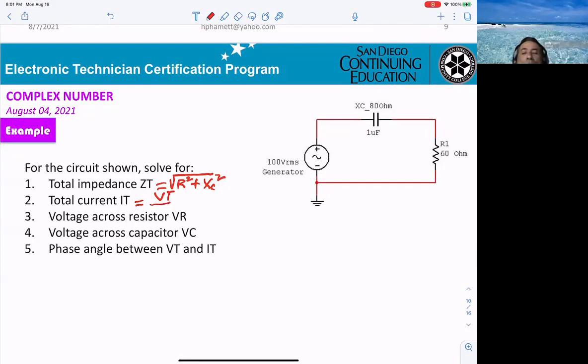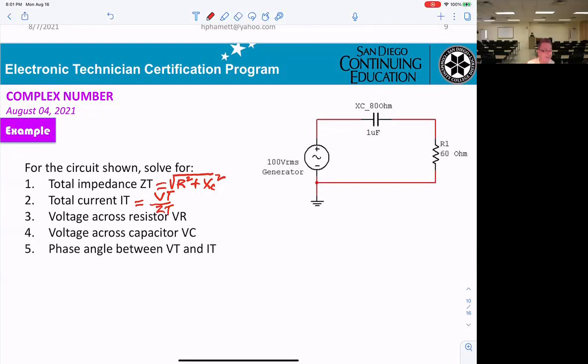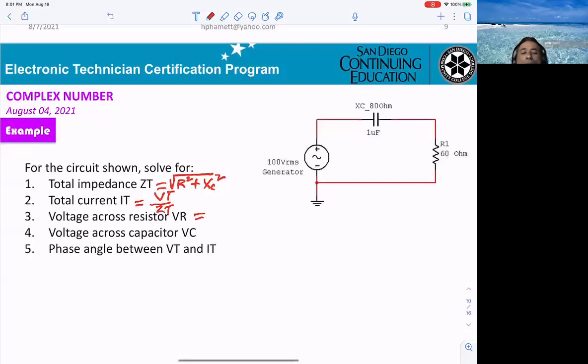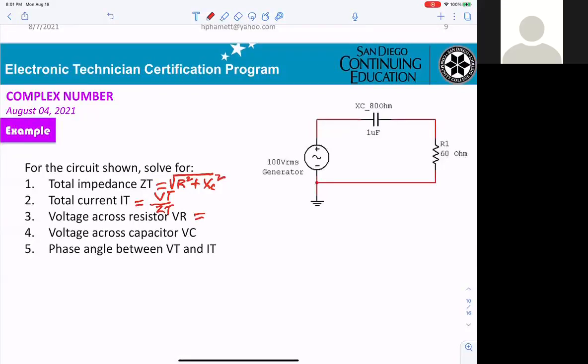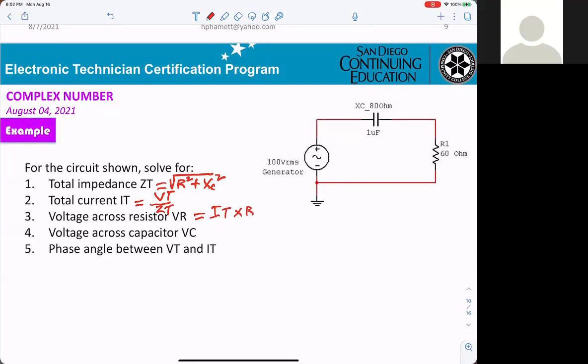Yes. ZT, E total. How do we calculate the voltage VR? IT times R. Yes.